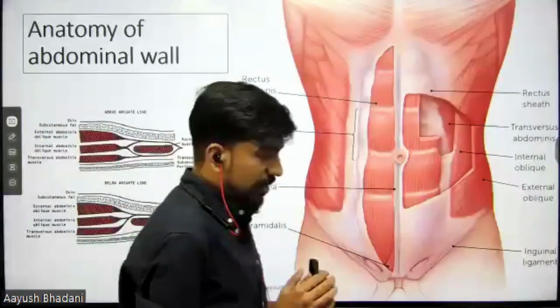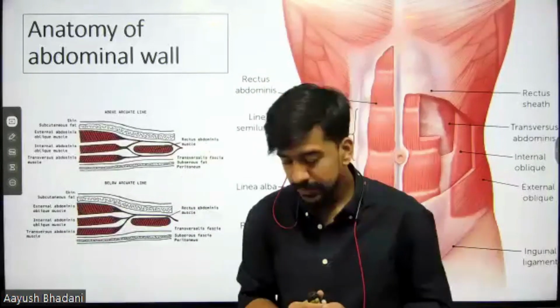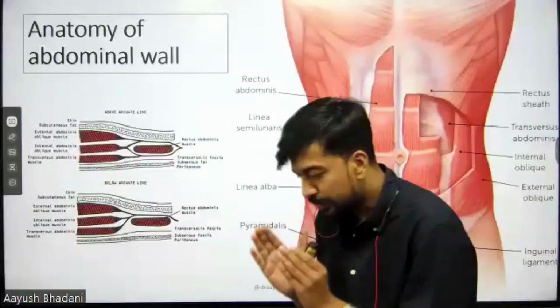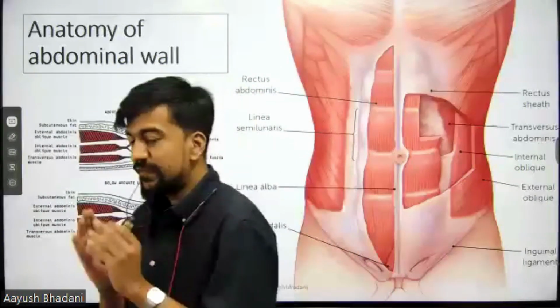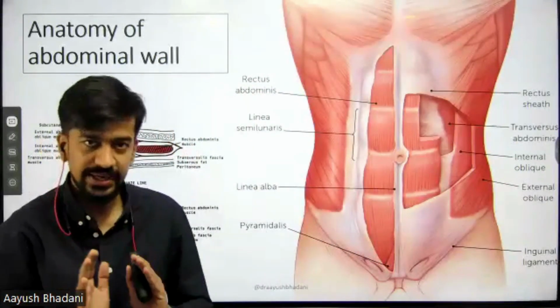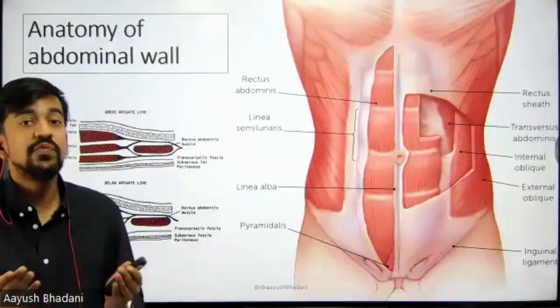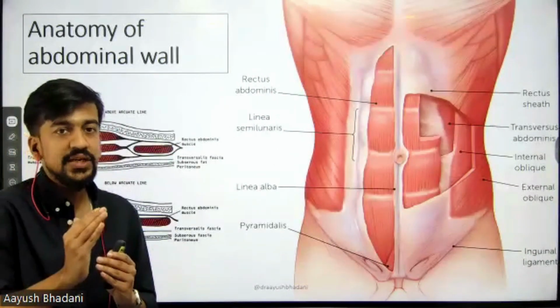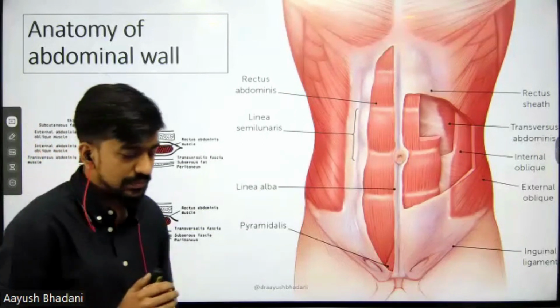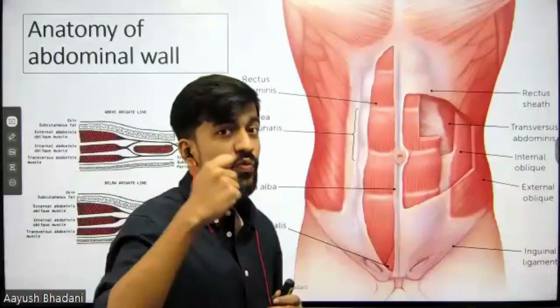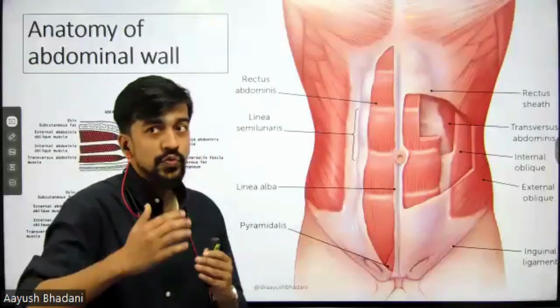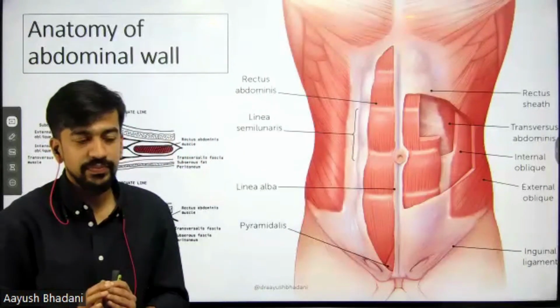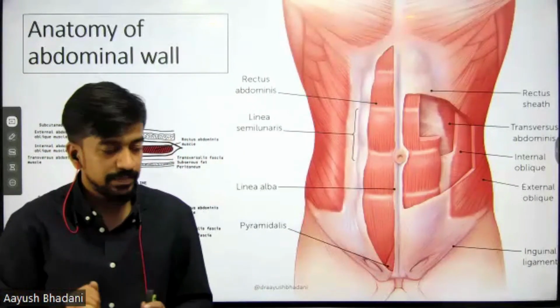So now, what we need to understand here is, for any operation to be performed, we need to cut, right? That's very simple. But cut what? Whatever is there above the pathology, or whatever is needed to cut to reach that pathology. So in order to know what to cut, we need to understand the abdominal wall anatomy. We have been reading it from our first year, right?